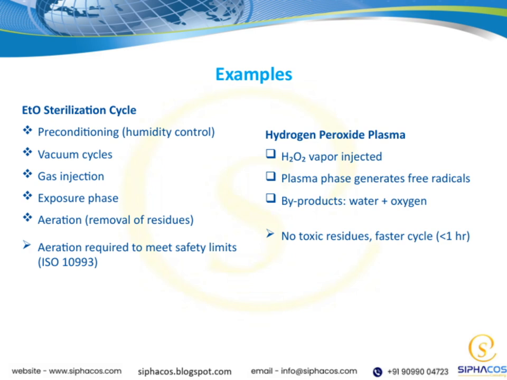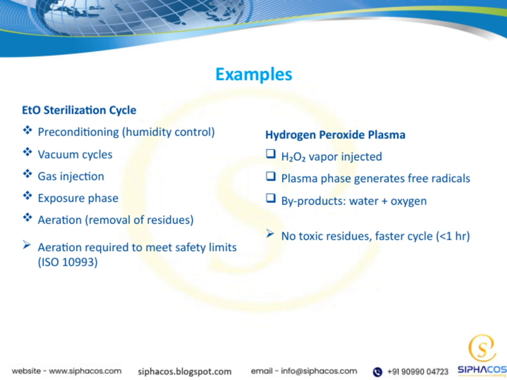To give you some context, this process is similar to other sterilization cycles like ethylene oxide or ETO, but with some key advantages. The cycle includes steps such as preconditioning, which involves humidity control, vacuum cycles to prepare the chamber, gas injection, the actual exposure phase where sterilization occurs, and finally, aeration.